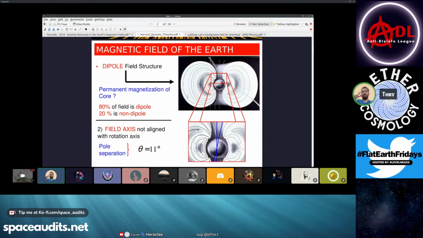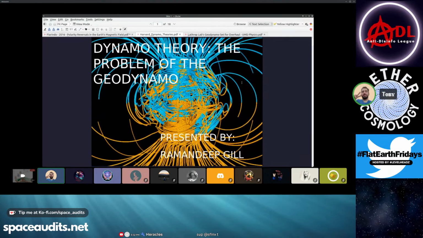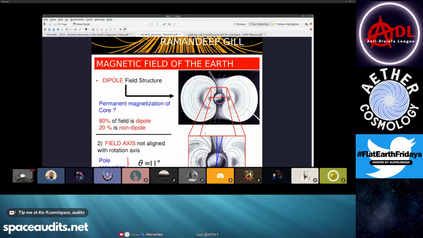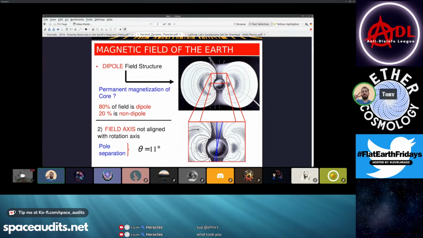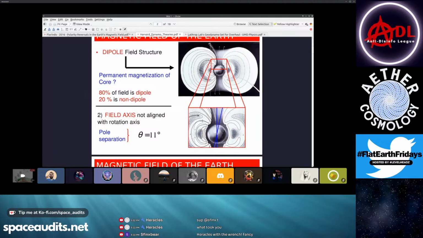Yeah, we're just gonna fly through some of the problems that Ramandeep Gill says are problems of the geodynamo. So first of all, you got the fact that the field structure is not aligned with the rotational axis of the Earth.